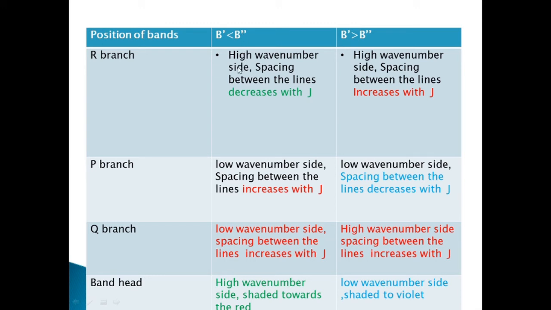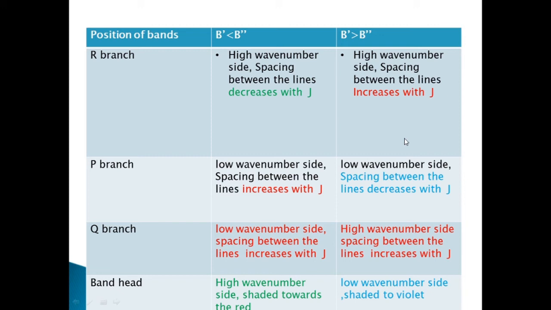In that case, R branches occur at the high wave number side, and spacing between the lines decreases with J. P branches occur at the lower wave number side, and spacing between the lines increases with J. Q branches occur at the lower wave number side and spacing between the lines increases with J. Since the R branch spacing decreases with J, the band head is seen at the high wave number side. That means the band head is shaded towards the red end.